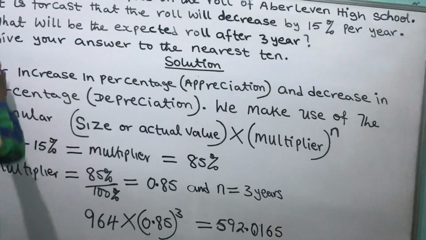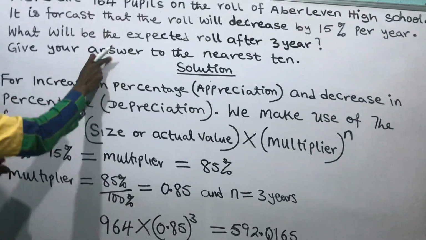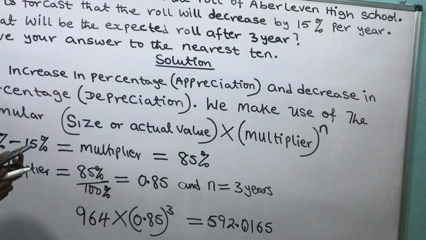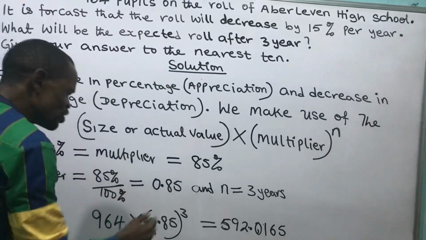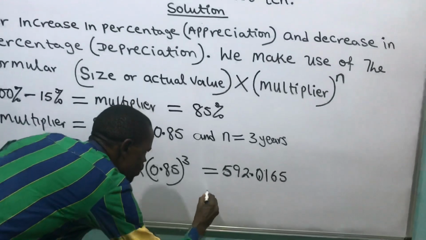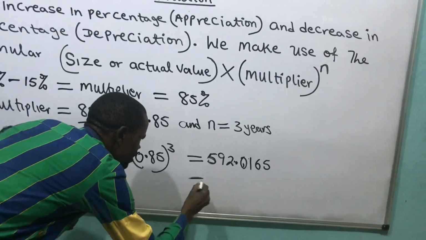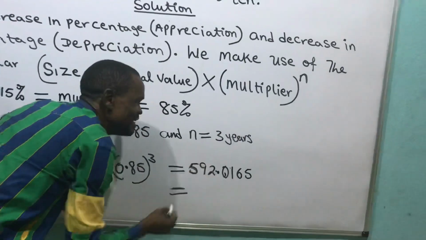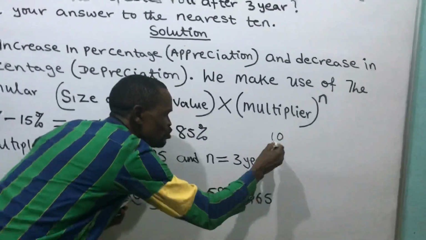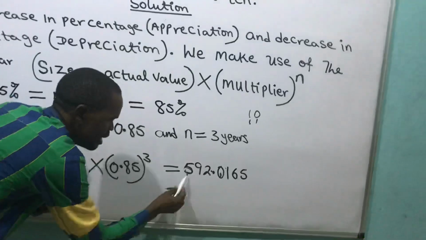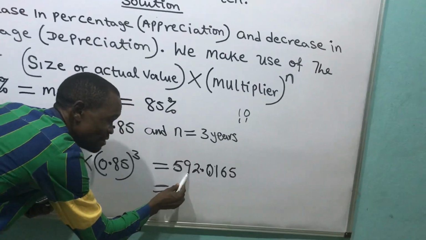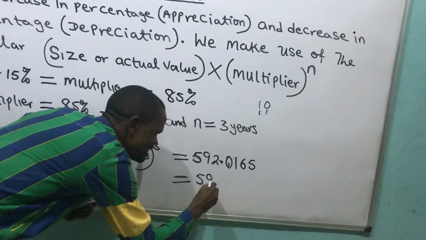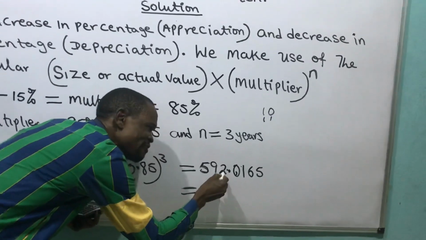But the question says, give your answer to the nearest 10. Look at how many digits 10 has. 10 is a 2-digit number, 1, 2. After taking that 2-digit number, the next digit is less than 5.